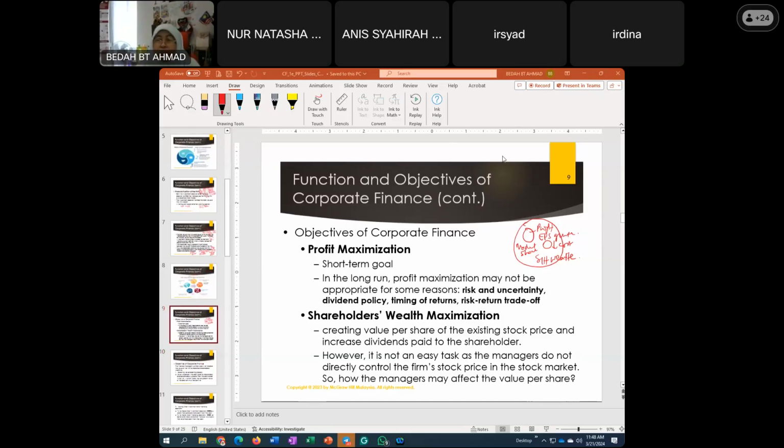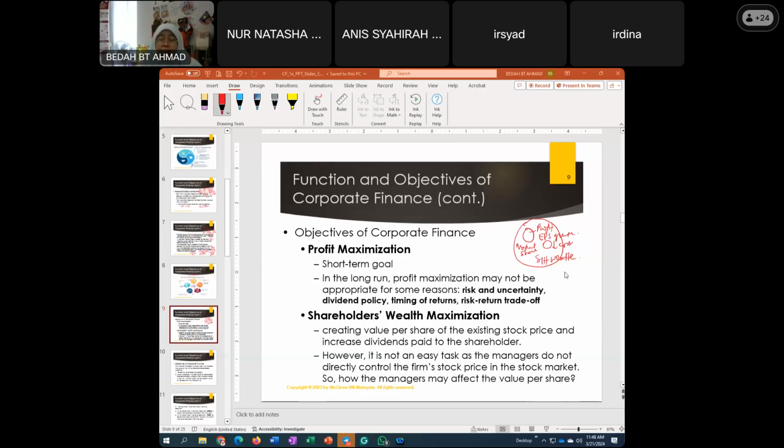So now we will continue on the function and objective of corporate finance, the second objective, which is shareholders' wealth maximization. As I mentioned, shareholders' wealth maximization is a big circle, of which profit maximization is part and parcel.